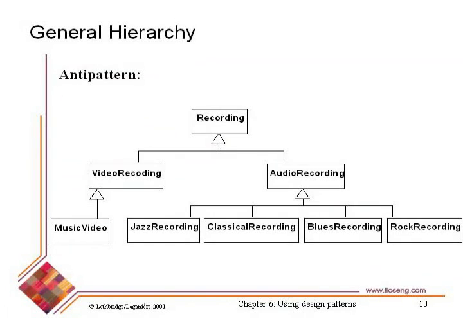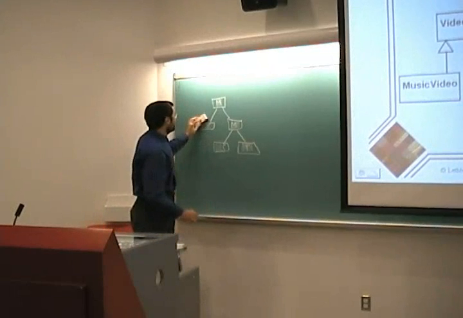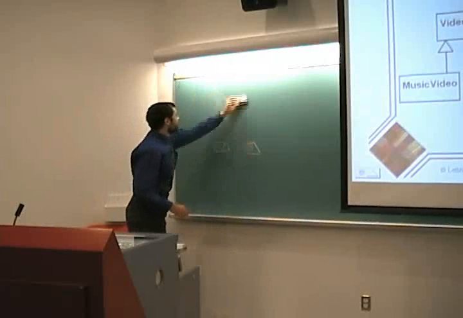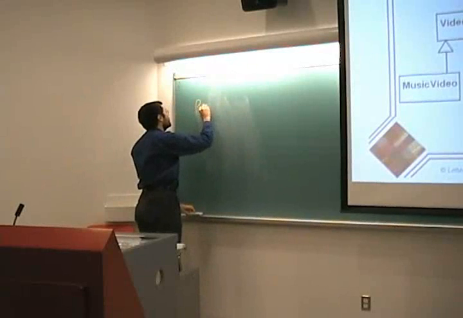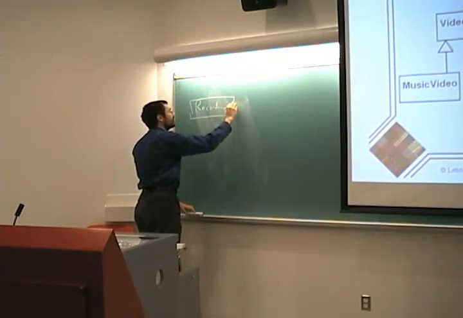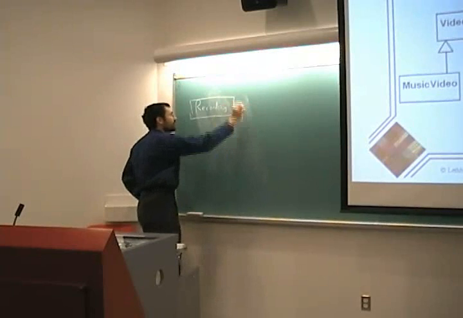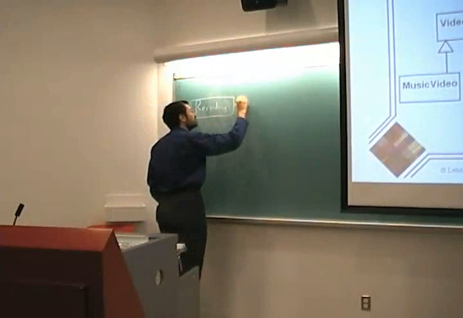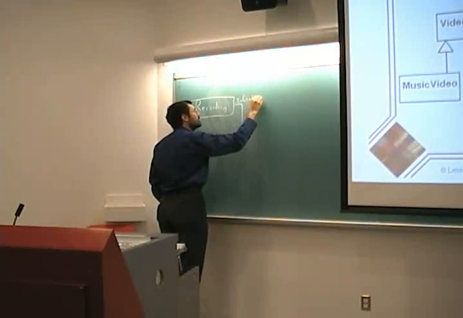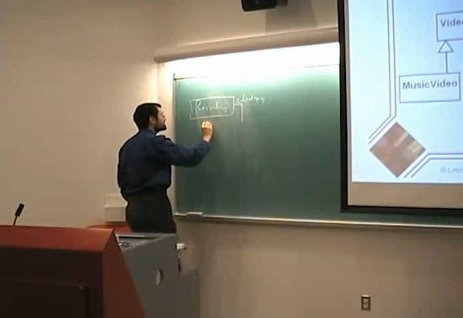So what we should have done is say that we have some kind of recording, and then there should be an association into that, which is saying the subordinate relation. So the subordinate relation into that is, say, subcategory, and then we might have some subclasses of this.